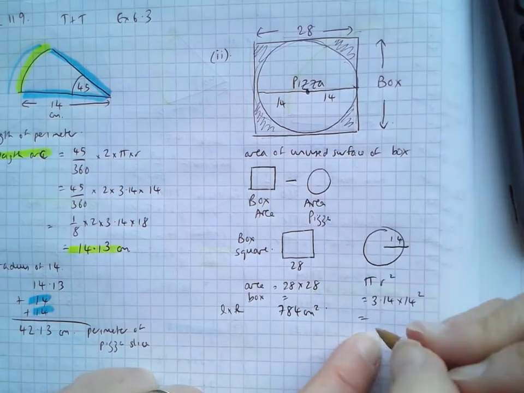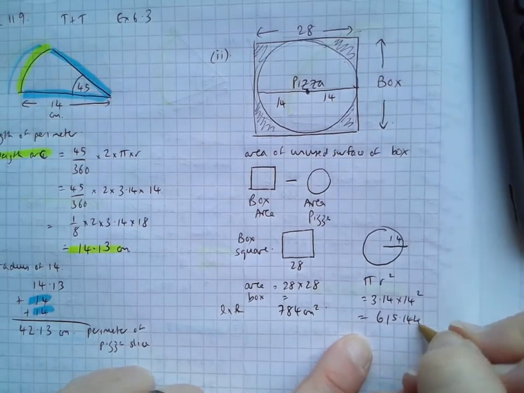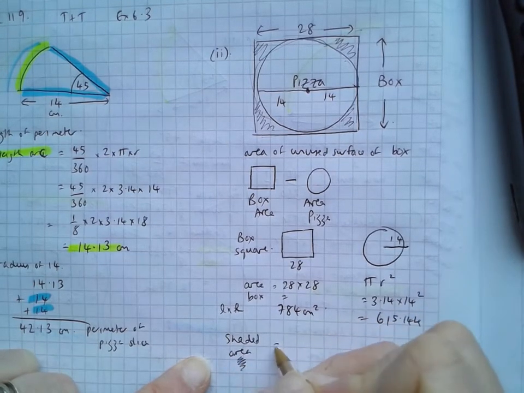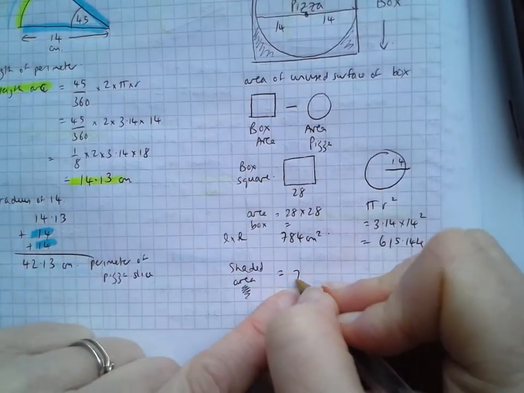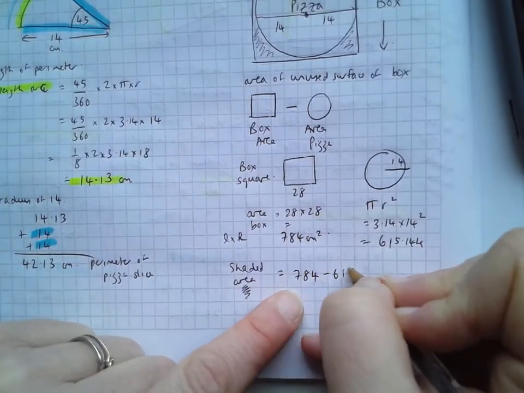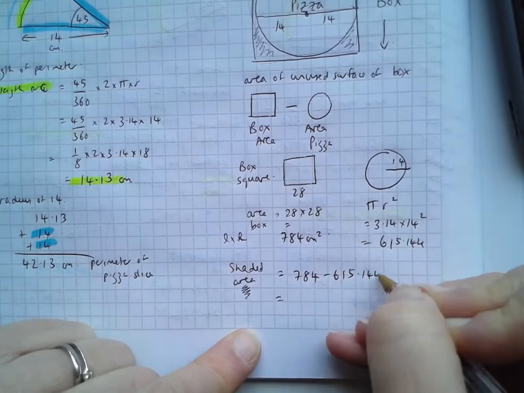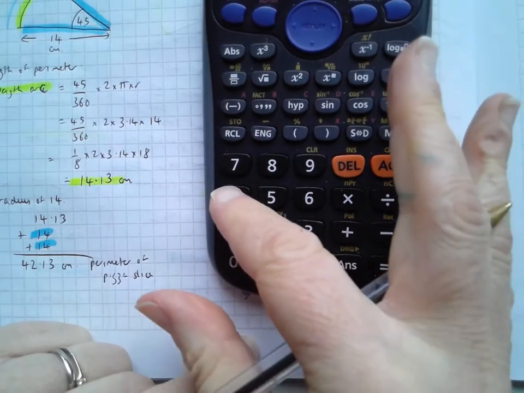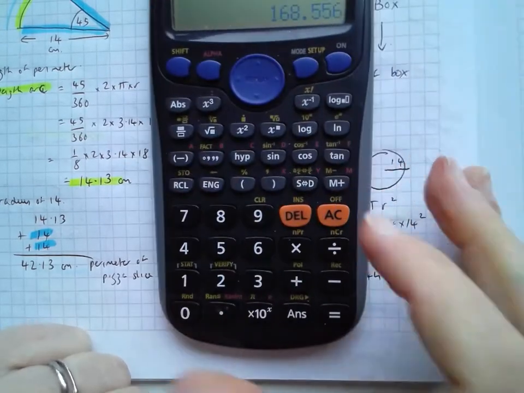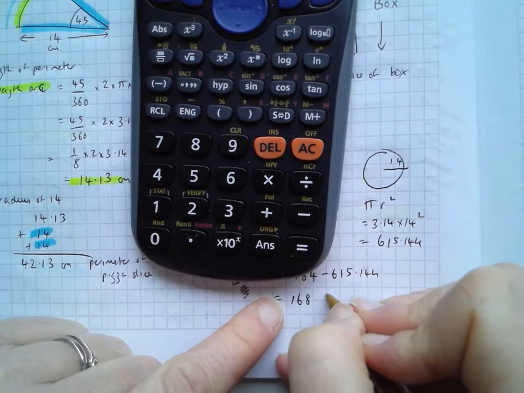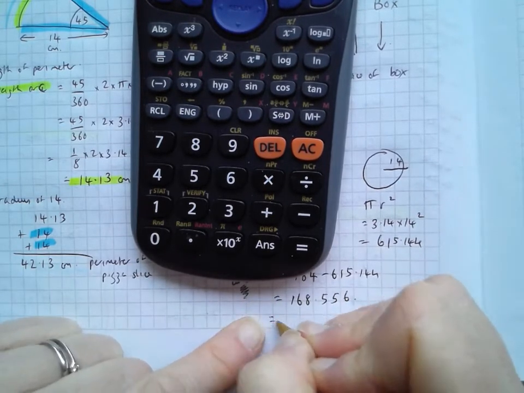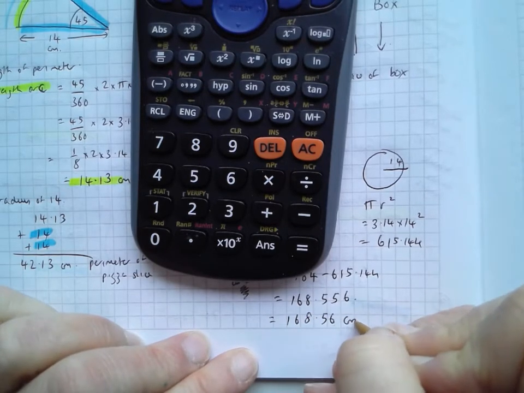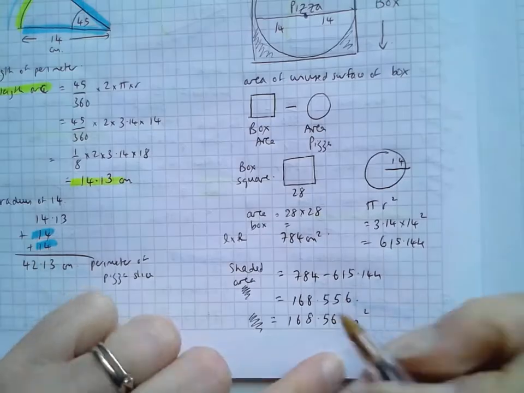which is 615.44. So the shaded area is going to be 784 minus 615.44, which equals 168.56, and we're asked to give it to 2 decimal places, so 168.56 centimeters squared is the unused surface.